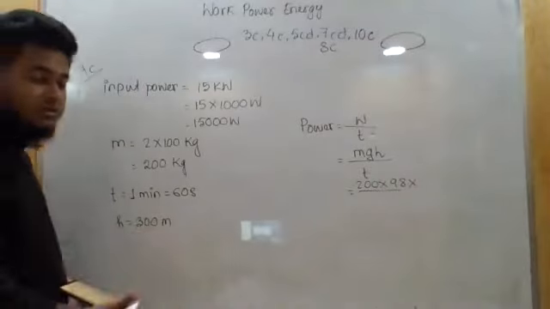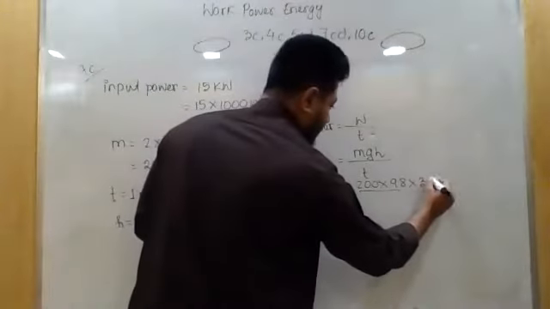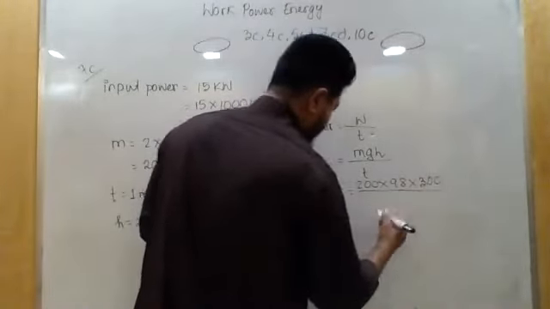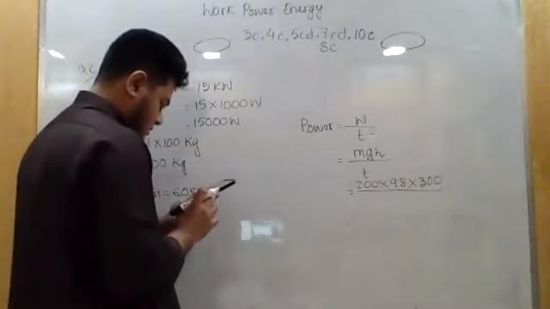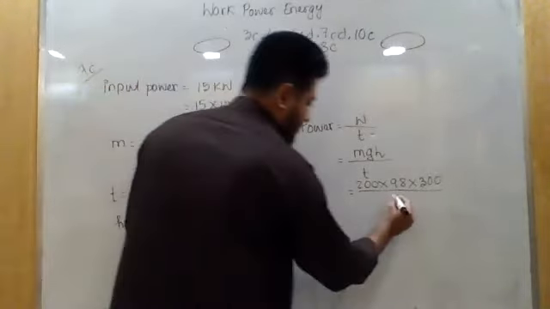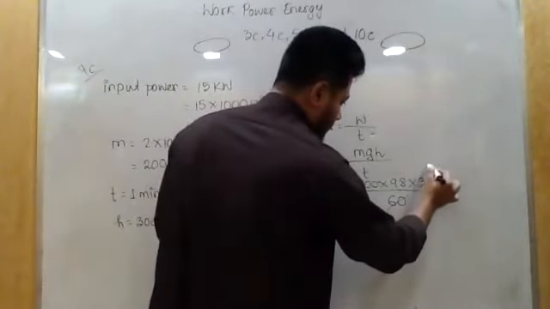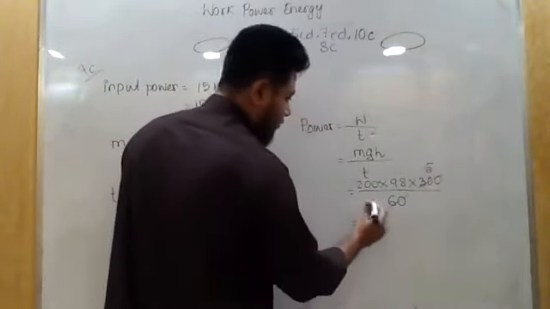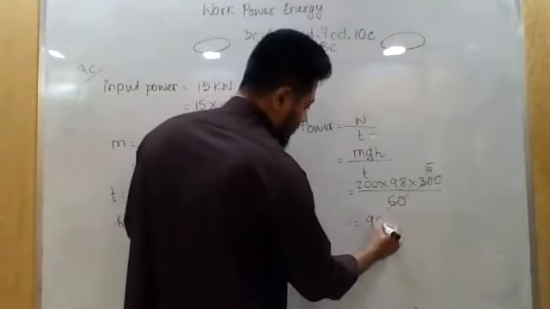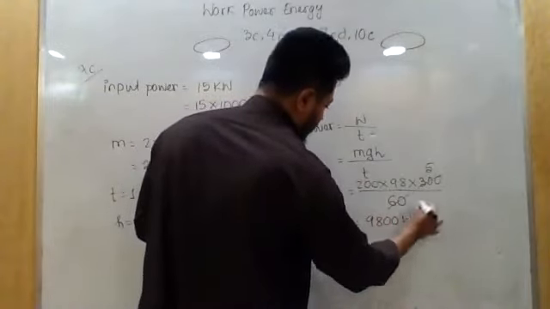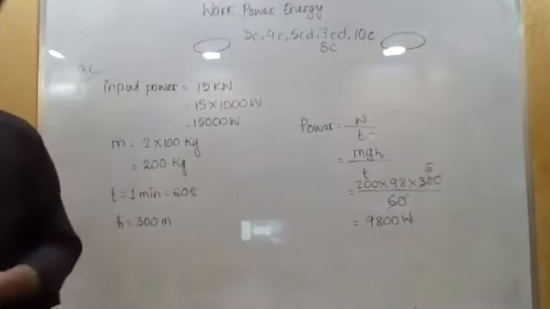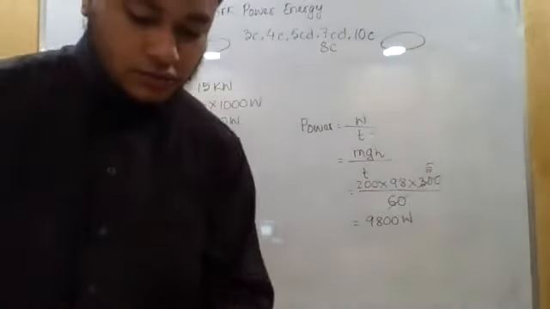Height is 300 meter. So it will be 300 divided by the time. What is the time? 1 minute, that is 60 seconds. Okay, so this will be 5. 5 into 200 is 1000. So it will be 9800 watt. Okay, so this is the effective power. Understood?